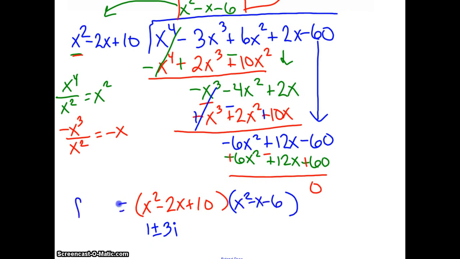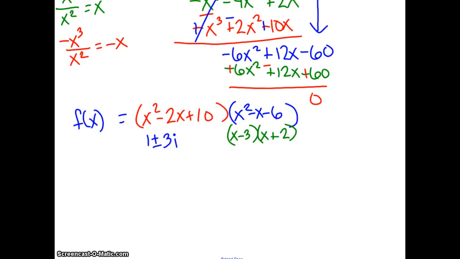That's the other factor that, when you multiply, will give you your function. To help you find the other zeros, you would factor that x squared minus x minus 6. When you factor, you should get x minus 3, x plus 2, and now you can find the zeros along with the already given two zeros, 1 plus 3i, 1 minus 3i: x equals 3, x equals negative 2.